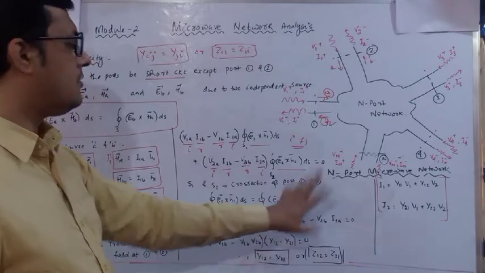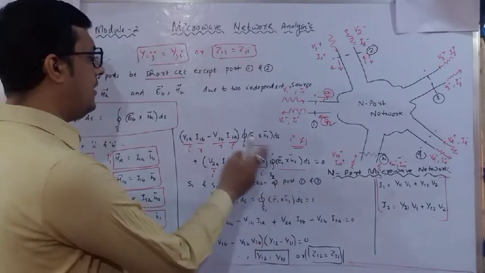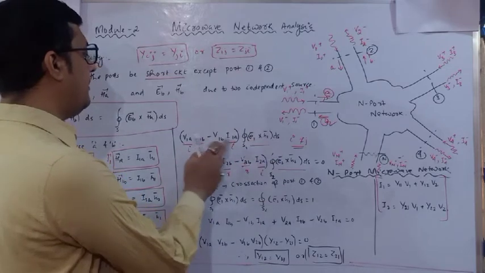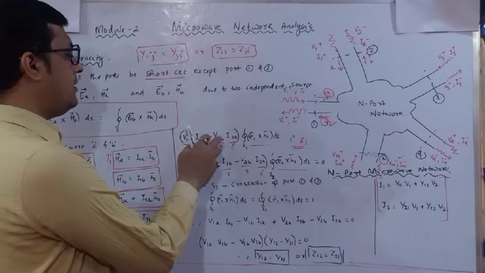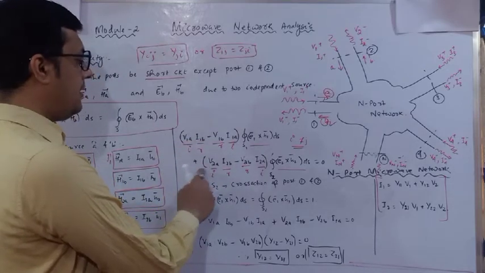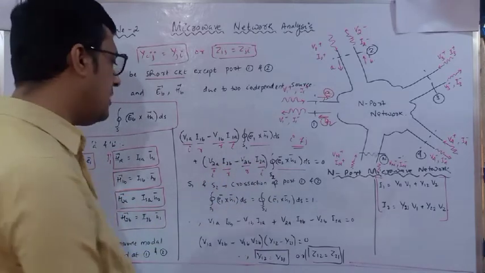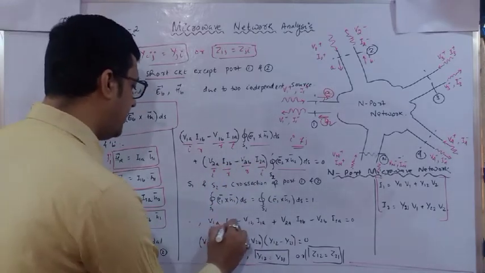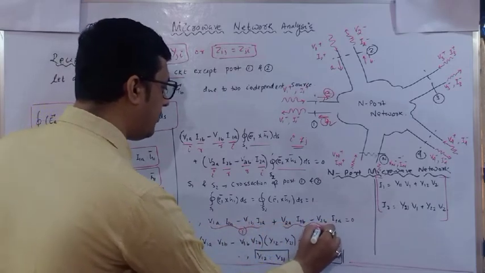So this is equal to 1, and this is 1 and this is 1. Remaining is V1A into I1B minus V1B into I1A for port 1, plus V2A I2B minus V2B I2A for port 2. So here you can see I have written for port 1 and this one is port 2.